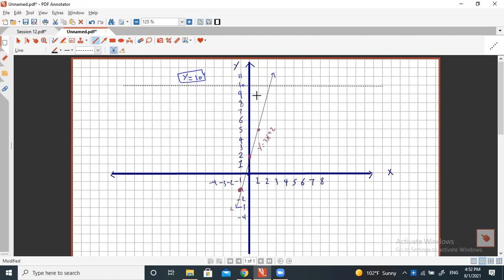Y equals 10, okay? As you see here, there is an intersection here, and the intersection is the solution. The intersection is the solution. So what we need is to draw a line and go down like this.